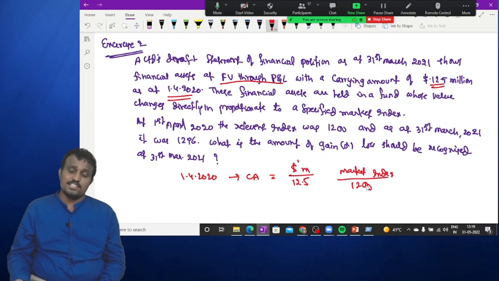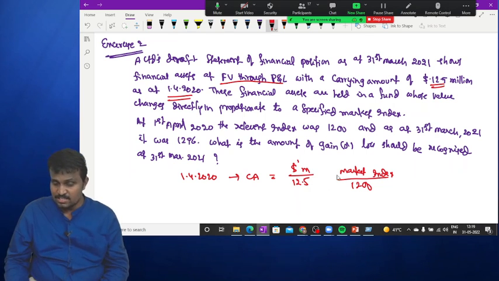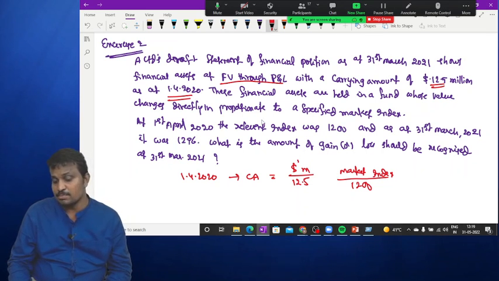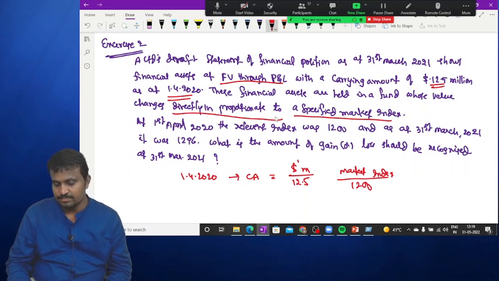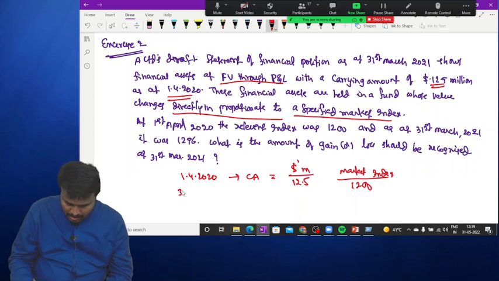Why do we consider the market index, sir? Because he clearly stated that the financial assets vary directly in proportion to the specified market index. Correct? Then on 31st March 2021, what is the fair value?